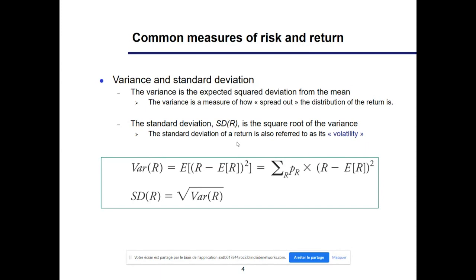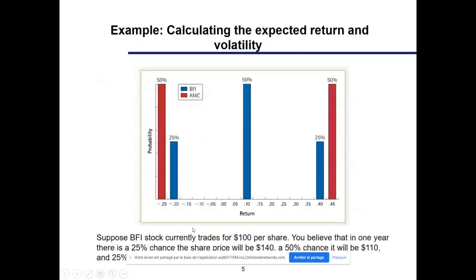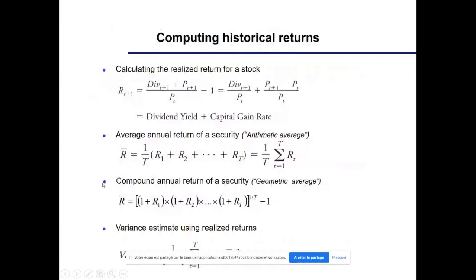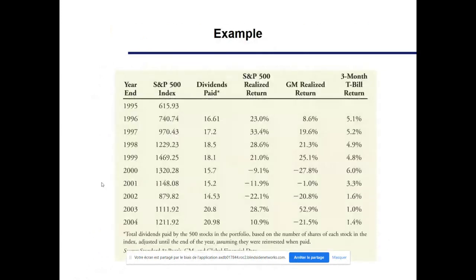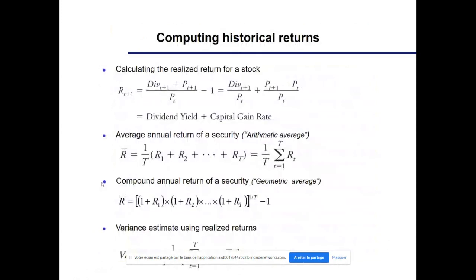Total risk doesn't care what type of risk, but means the fluctuation, the movement of those returns. And we also learned about how we use the historical returns to learn how the stock performed in the past.